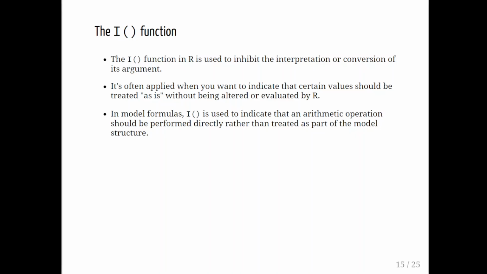It's often used when you want to indicate that certain values should be treated as is without being altered or evaluated by R. In model formulas, which is what we're going to be using it for here, it is used to indicate that an arithmetic operation should be performed directly rather than being treated as part of the model structure. So essentially it tells the model: carry out this calculation, and don't try and do it any other way. Just carry out the calculation as is and do it right here, right now.